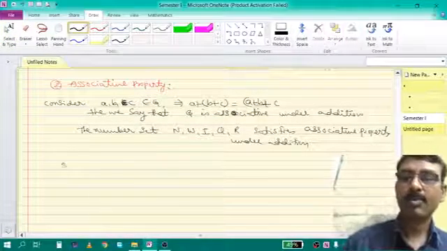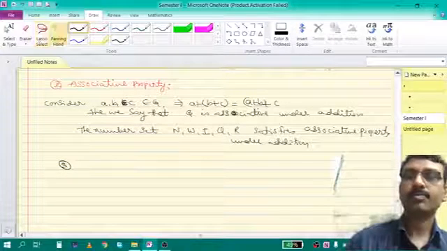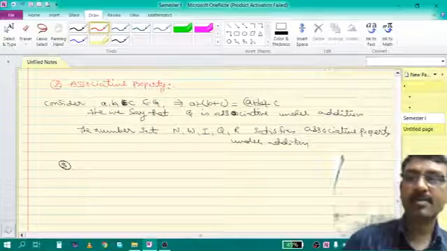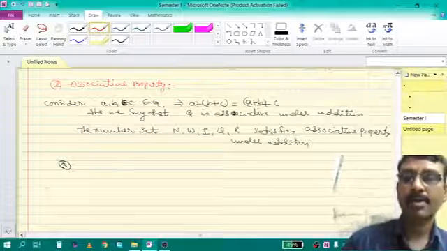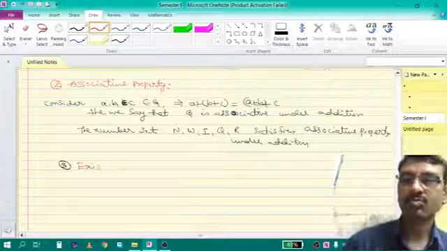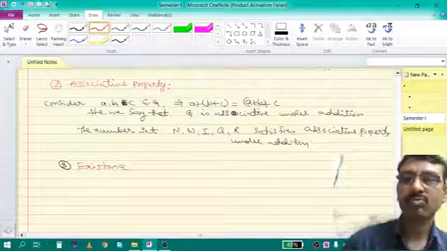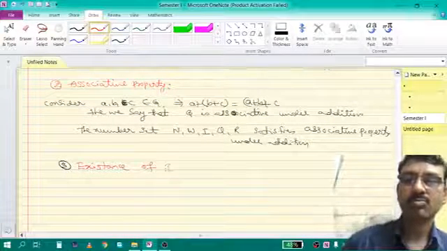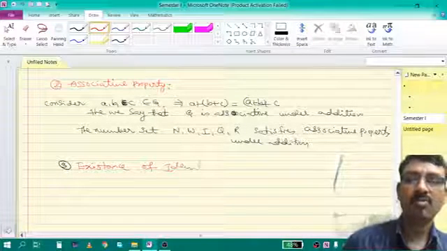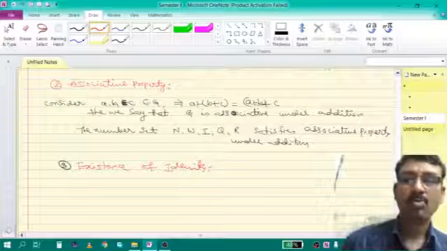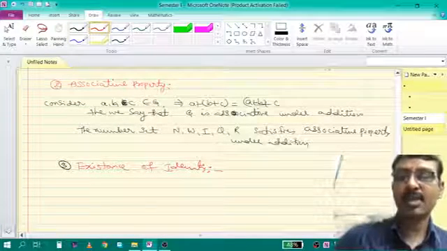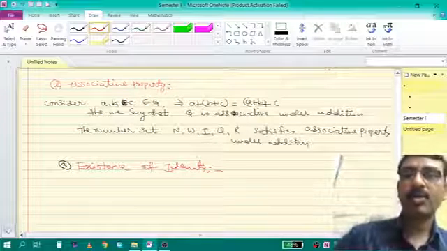So next, third property, that is existence of identity. The identity concept is very interesting and also very important.